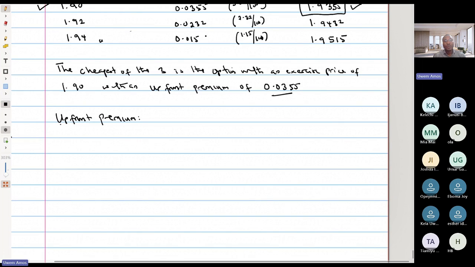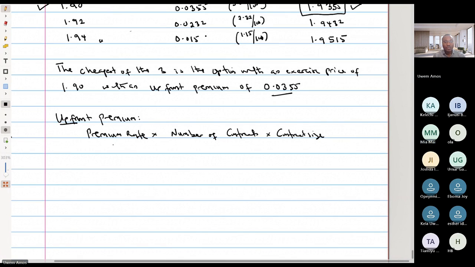It would be the premium rate multiplied by the number of contracts multiplied by the contract size.